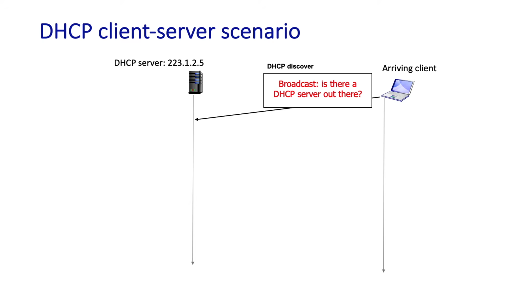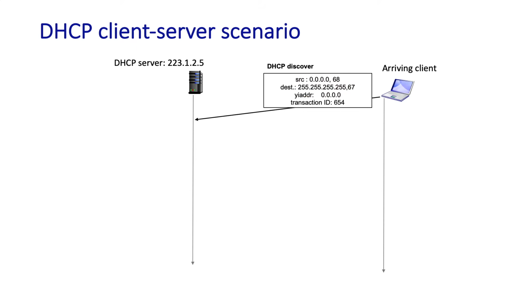The host knows the service it needs, DHCP, so it sends out a broadcast to discover the server that can provide DHCP service. DHCP runs over UDP, the client uses port 68, and the server will use port 67.